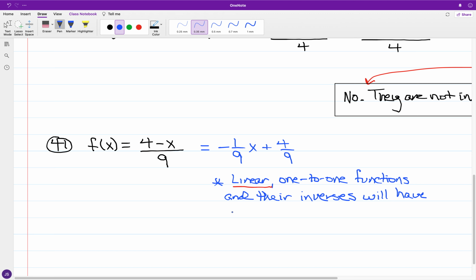We'll have the set of all real numbers for their domains and ranges.